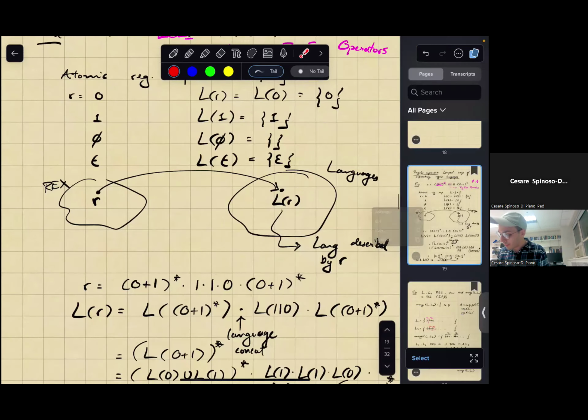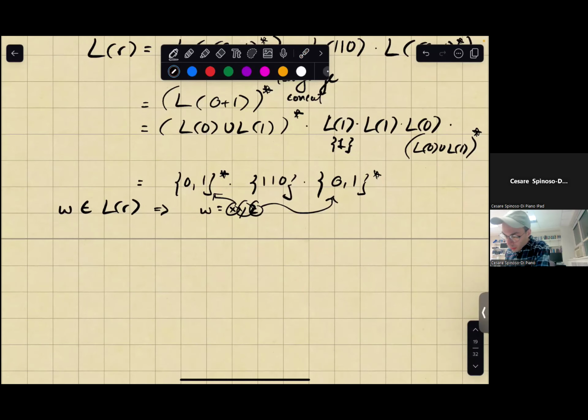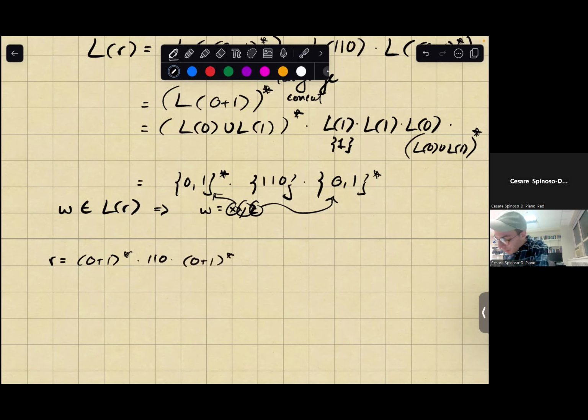So in the end, we started with R is (0, 1) star 110 (0, 1) star. Then what we get in terms of L of R is, we can represent it this way: XYZ, where X and Z are in (0, 1) star, and Y is 110.